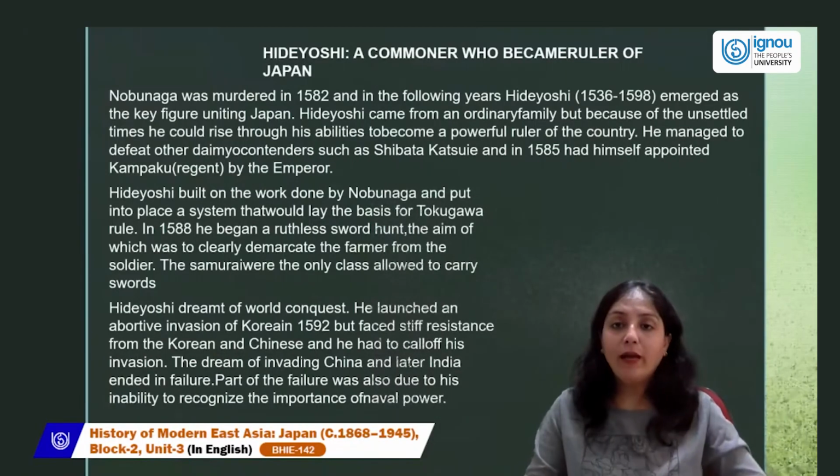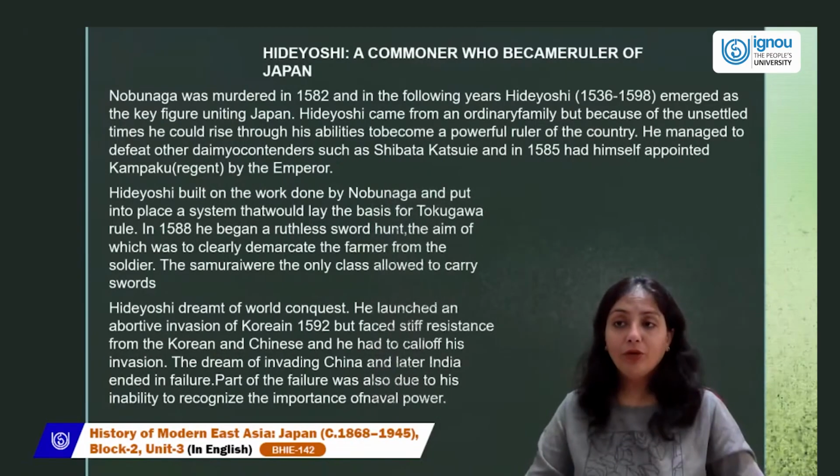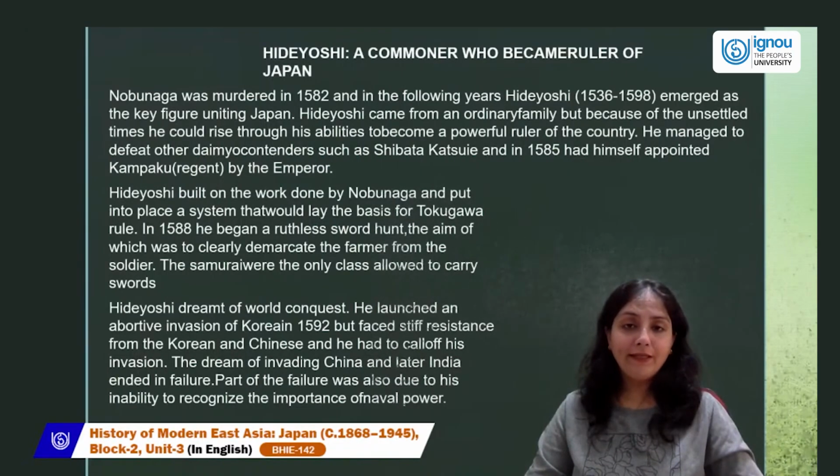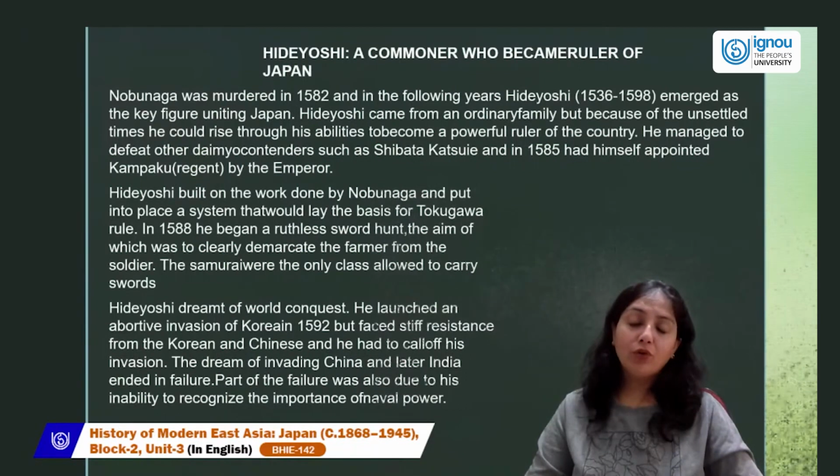Hideyoshi came from an ordinary family, but because of the unsettled times, he could rise through his abilities to become a powerful ruler of the country.